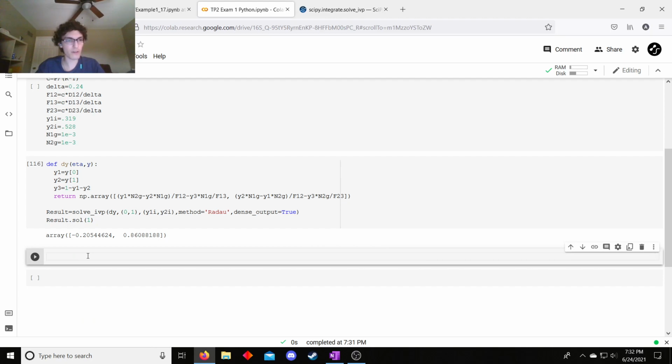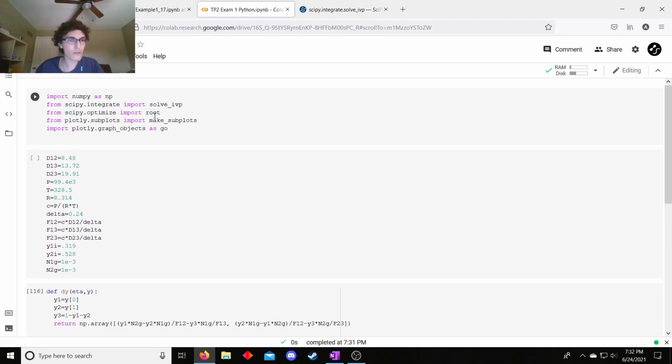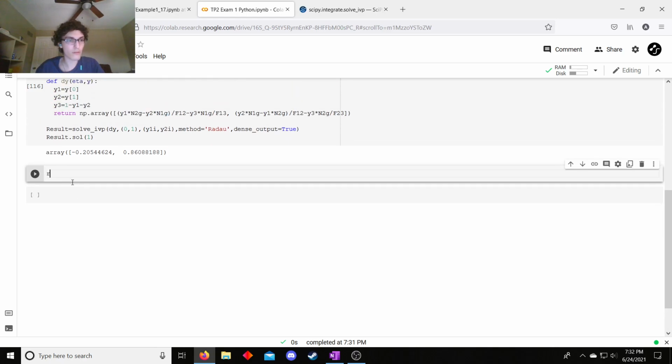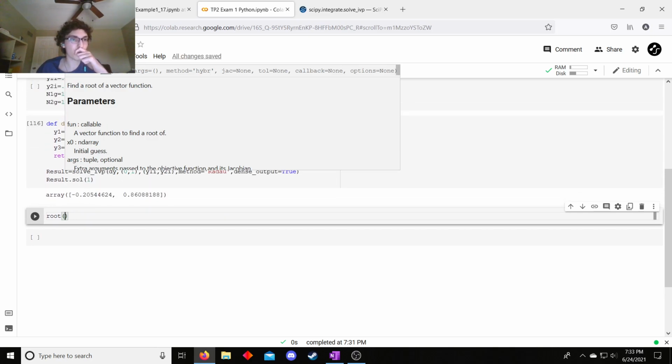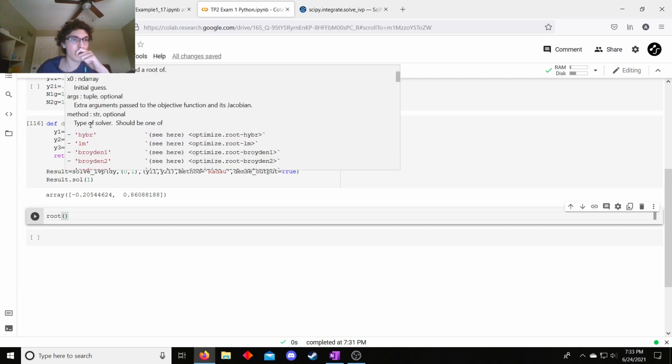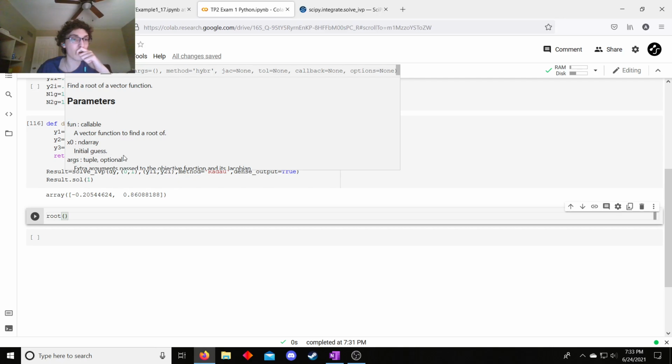Usually stuff, am I calling this wrong? Root. Did I input it? Oh, root. There we go. Lowercase r. So we're going to do a function. Again, this is not happiness, this is functions. Not happy. And then our initial guess. So this is kind of where our initial guesses come in handy, of 1 times 10 to the negative third.